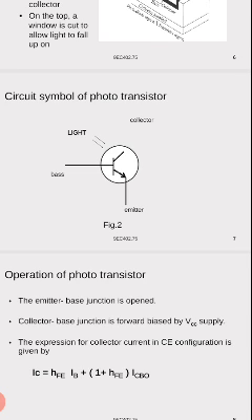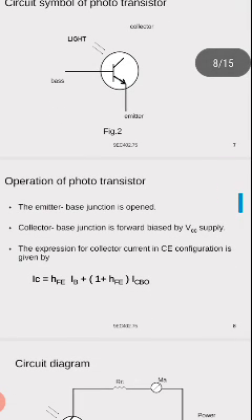Here in this phototransistor, the operation is given here. The emitter base junction is open. The collector base junction is forward biased by the VCC supply.